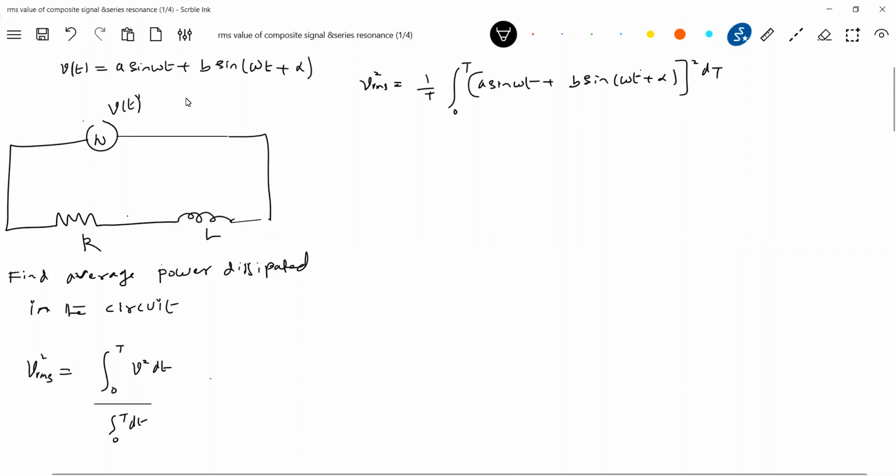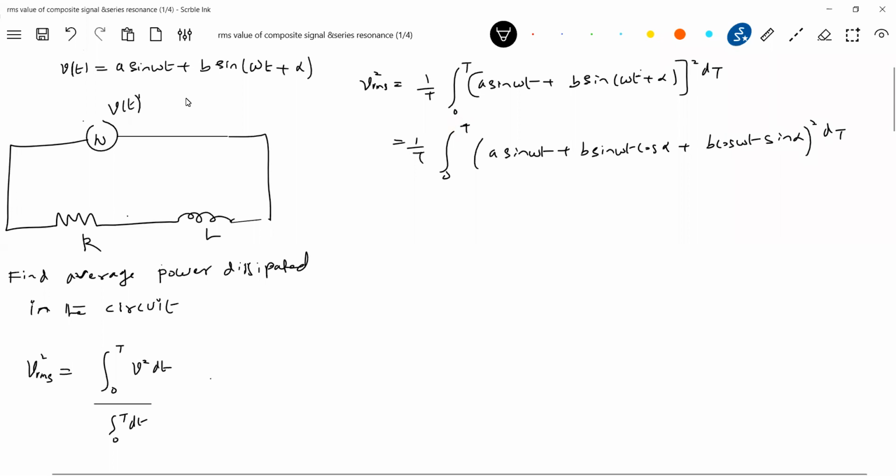One more step, I'll show it. What we have to do after this is A sine omega t plus B sine omega t cos alpha plus B cos omega t sine alpha. This we have to further expand, then integrate over a full cycle.